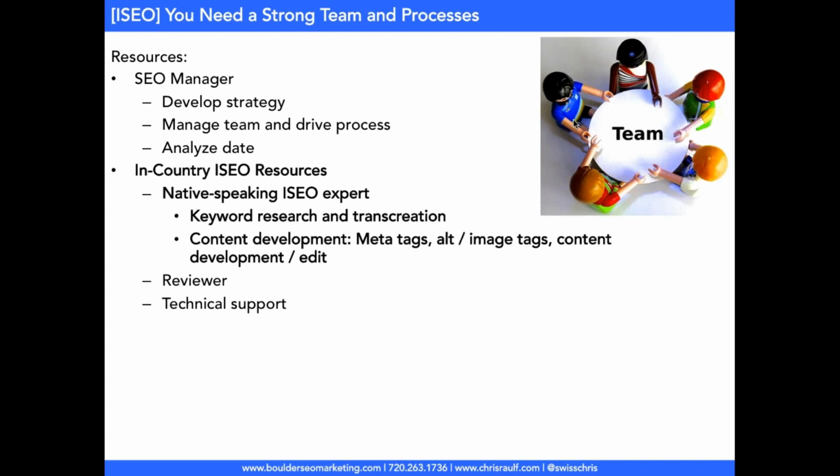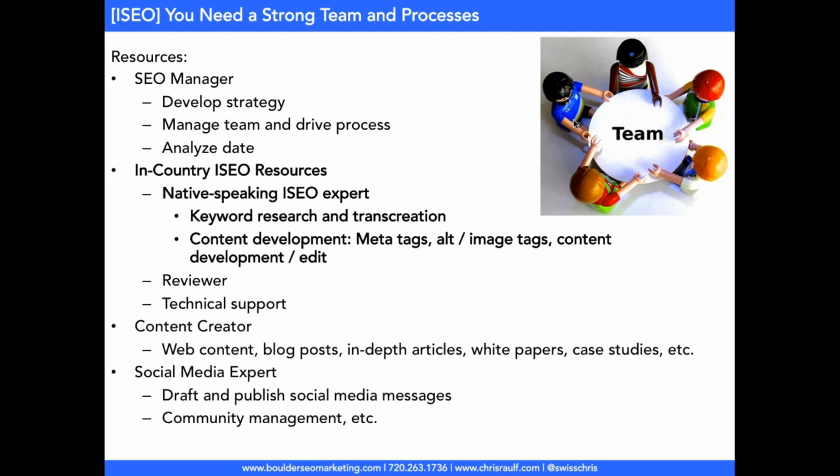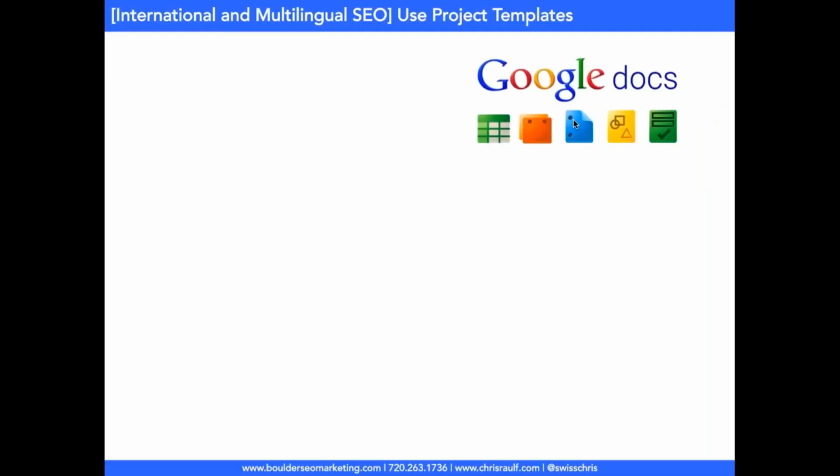First of all, you need an SEO manager who develops a strategy, manages a team, drives the process, analyzes data, etc. Then, very important, you need an in-country I SEO resource, a native speaker that understands SEO and can help you with keyword research, transcreation, meta tag optimization, content development, editing, etc. Then you need content creators, social media experts, and a webmaster or web designer who could potentially help you with implementing tools such as EasyLink.